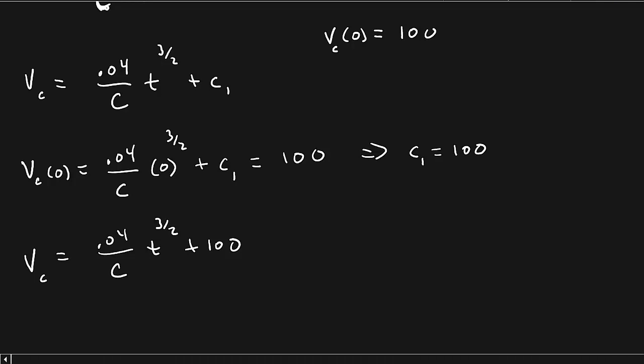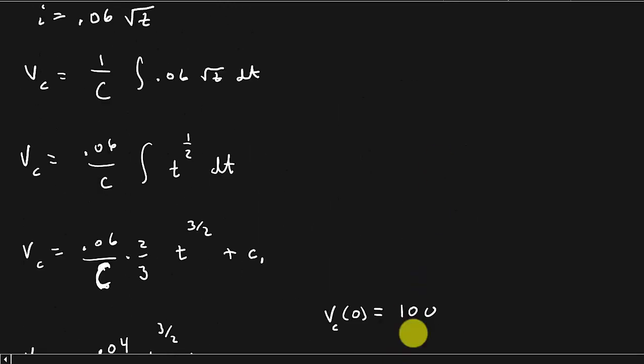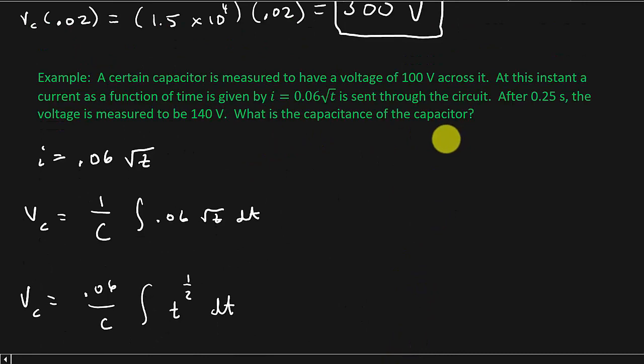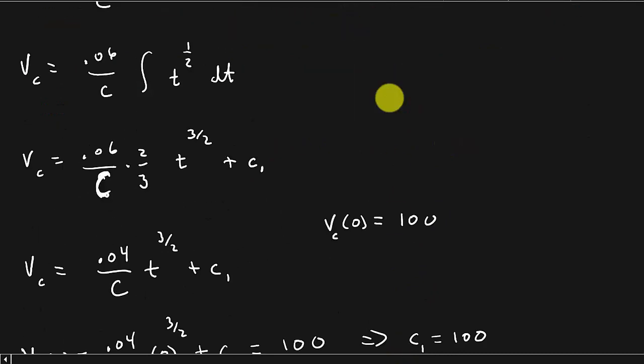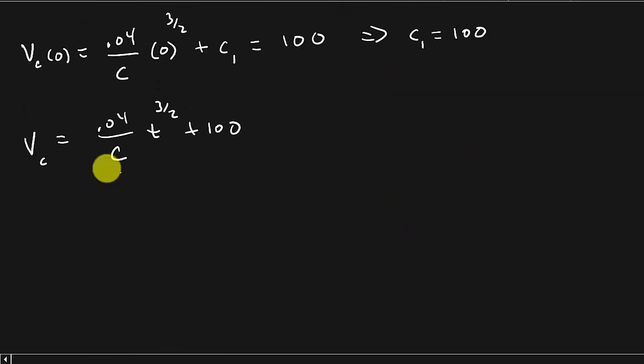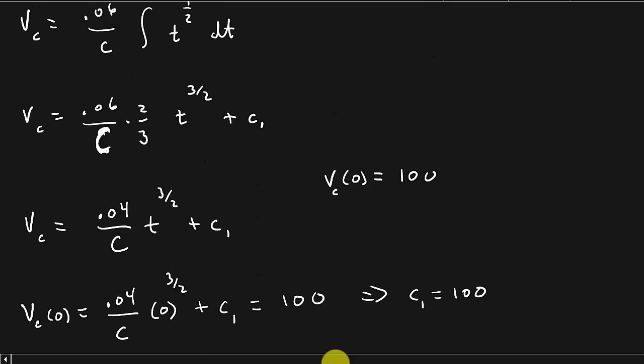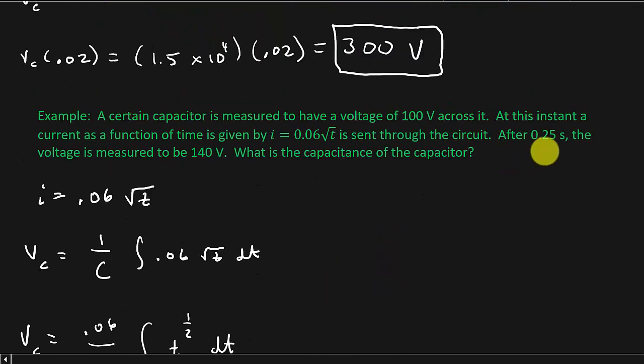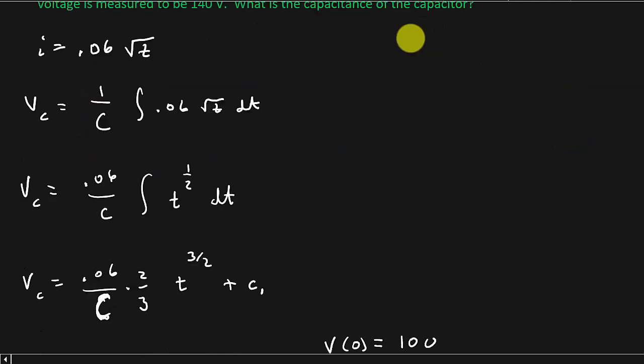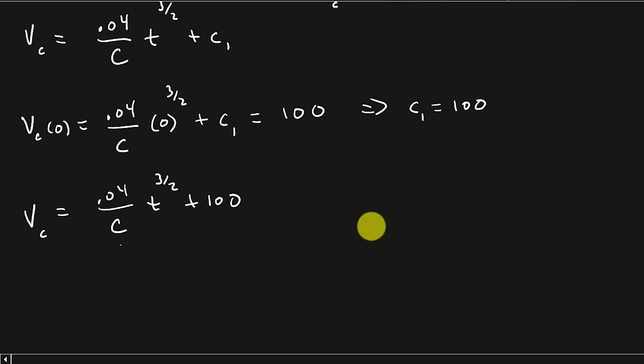All right, so what are we looking for? We're looking for C, right? The capacitance. That's what they want to know. What is the capacitance of the capacitor? So we still got this variable here. We need to figure out some way to solve for it. So let's see what it tells us. It says after 0.25 seconds, the voltage is measured to be 140 volts.